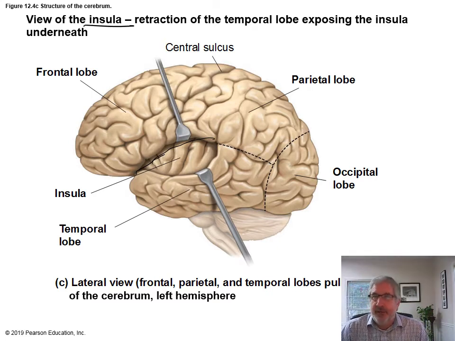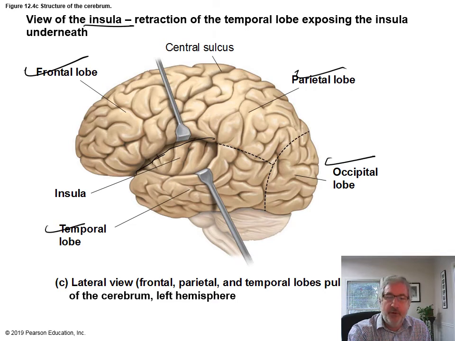It does have different functions than the temporal lobe does. So a lot of times people consider it a different lobe of the brain. So we'll consider it as 5 lobes of the brain. You have the frontal, parietal, occipital, temporal lobes, and the insula. It doesn't have the name lobe after it. It's always called just the insula.